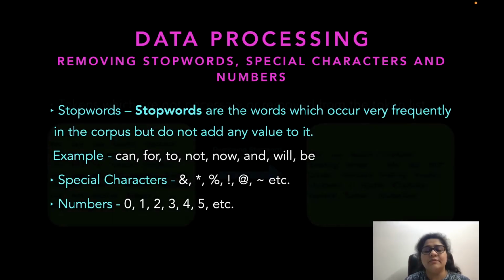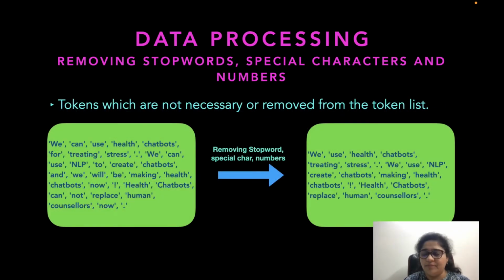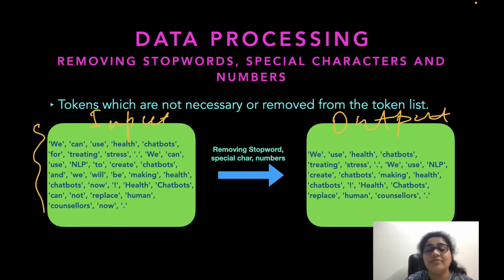And now with this, we'll see the example. This box is the output of tokenization. So now this will become input and this will become output. The output of tokenization will act in this step as input. If you remember, we got these tokens, which are all listed here.